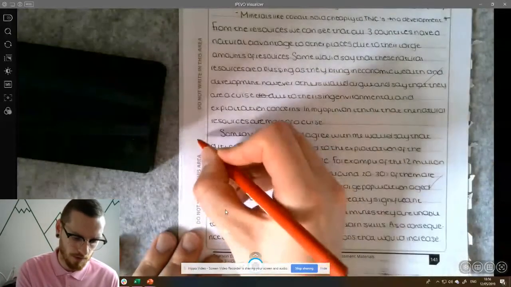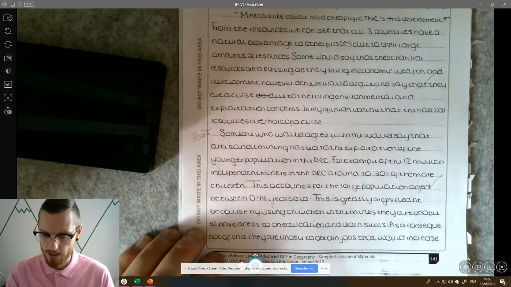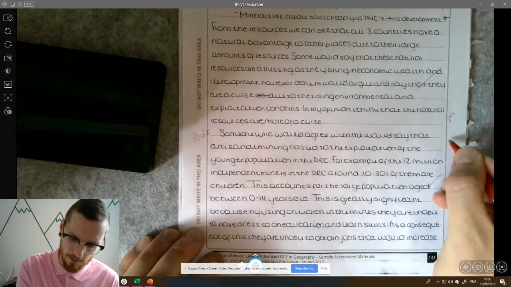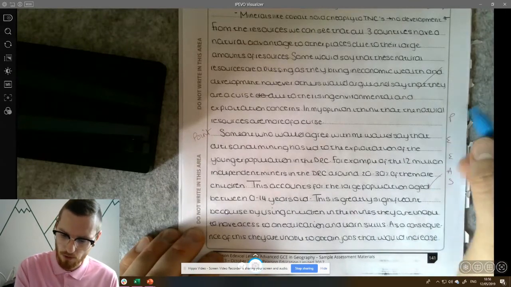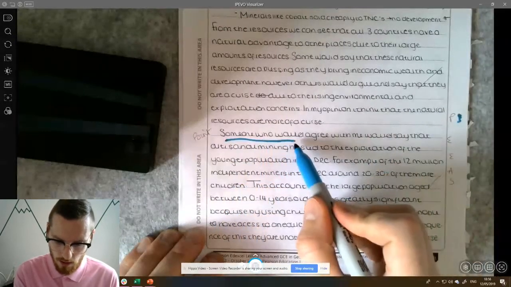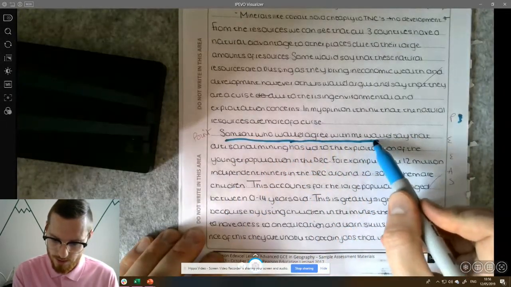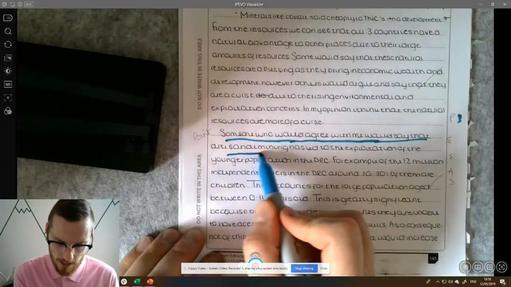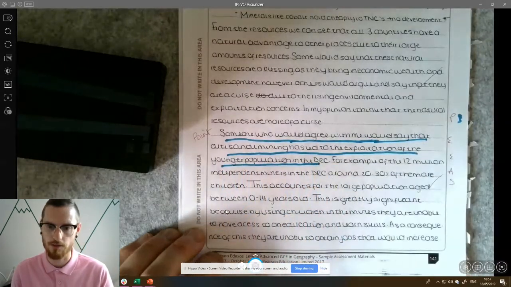So here's the point. It starts here, and I'm going to underline it. The first thing, I'm just going to put PEEAS here, P-E-E-A-S, and let's say blue for the point. So someone who would agree with me would say that mining has led to the exploitation of the younger population in the DRC.